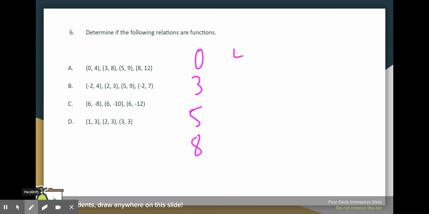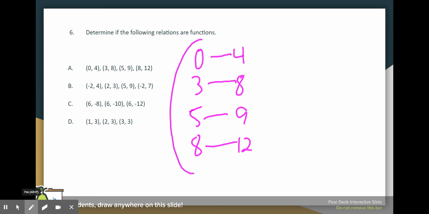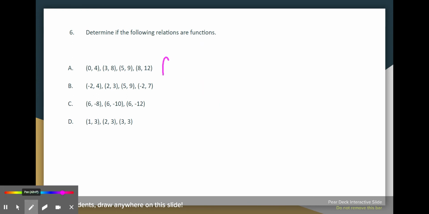Our y's are 4, 8, 9, and 12. When we draw our lines, we have 0 to 4, 3 to 8, 5 to 9, and 8 to 12. Because there's not more than one line coming out of any x, this is a function.